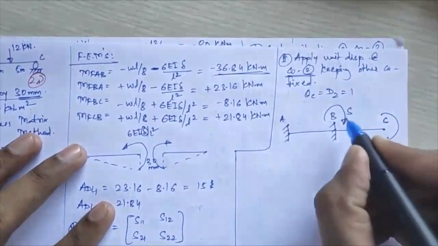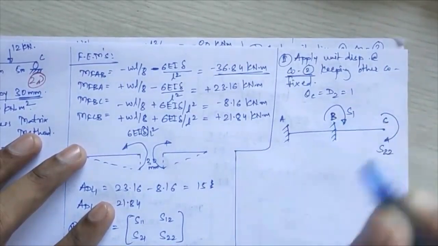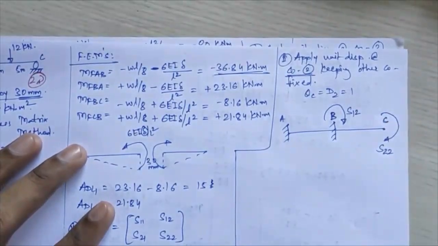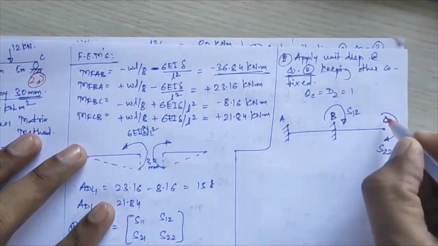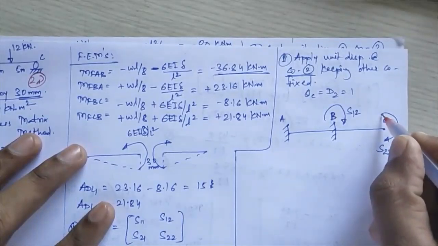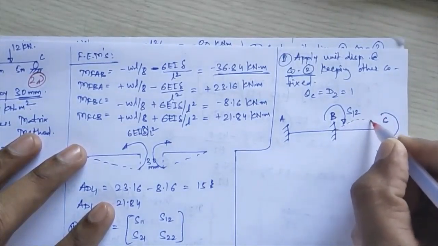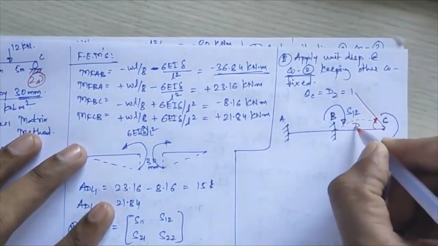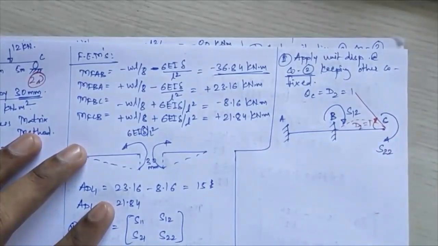This will be the stiffness you are calculating at point B, that is your first coordinate, when unit displacement is applied for your second coordinate, so that will become S12. Okay. Now for this clockwise rotation over there, the moment will originate from the top direction, which will show again here, that is D2 equal to 1.